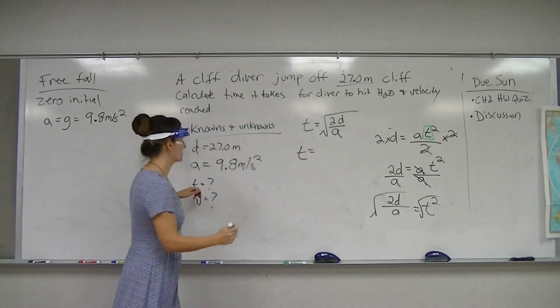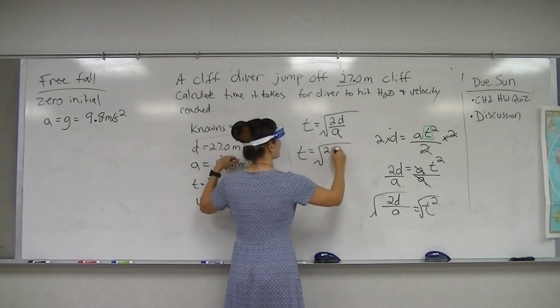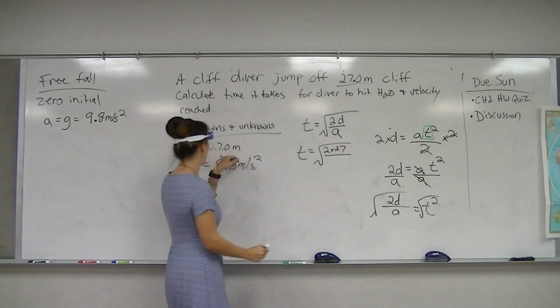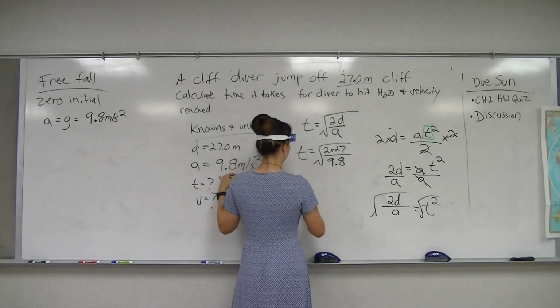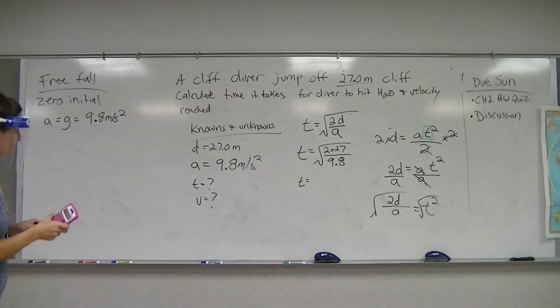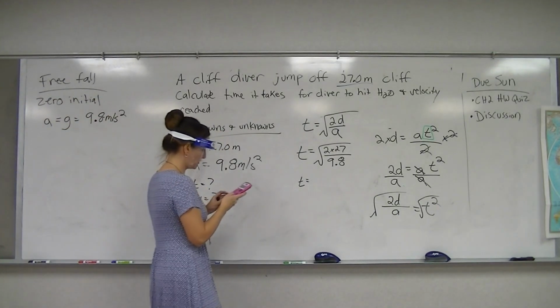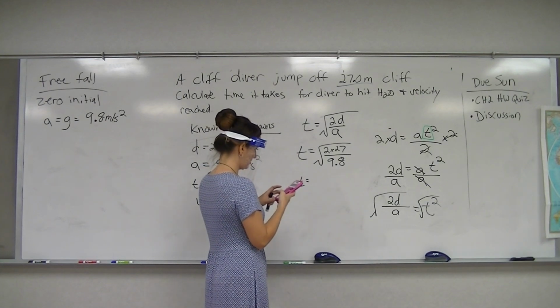So time is going to equal the square root of 2 times 27 divided by 9.8. Don't forget to do this for 2 times 27 divided by 9.8.